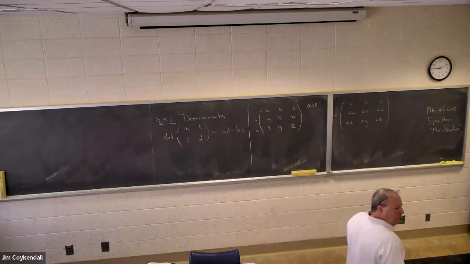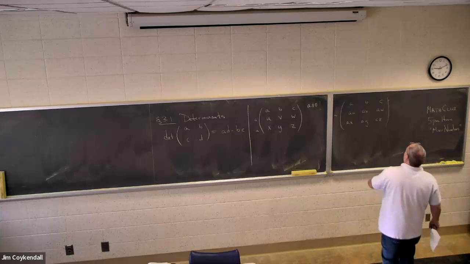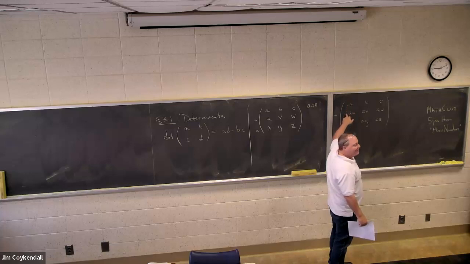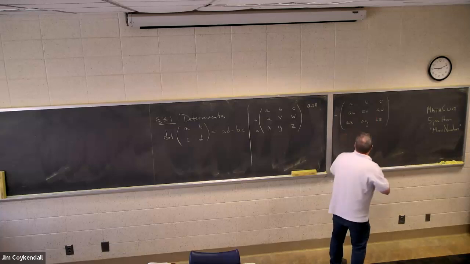And then what should I do now? Well, the whole idea here is now I can nuke these by using A, right? I can multiply this by U and take this out. I can multiply this by X and take that out. Everybody okay with that? So we'll see what happens.